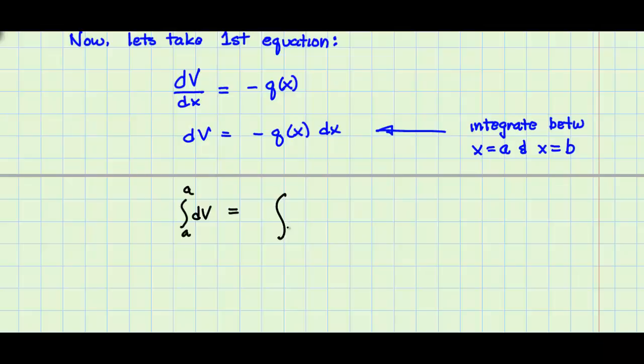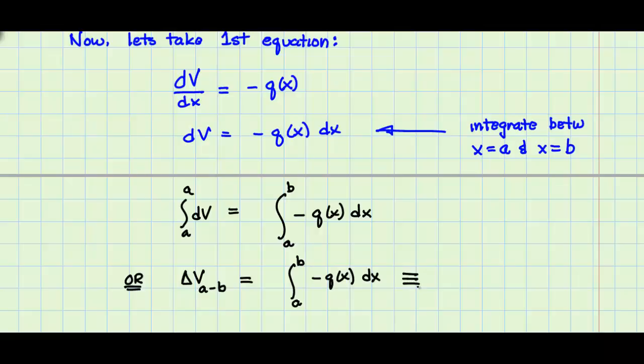The integral from a to b of dV is equal to the integral of minus q of x dx from a to b. The left term, the integral of dV, is just the change of shear between a and b. The right term, the integral of q of x dx, is the negative of the area under the load diagram between a and b.